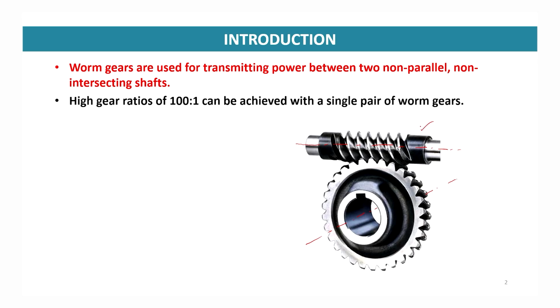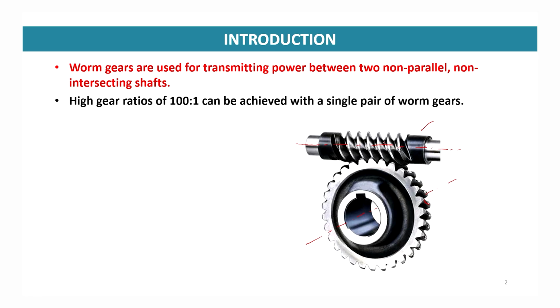And this worm is just like a screwed element. So whatever properties a screwed element has, the same will be true for this worm. The gear which is meshed with it will have a curved type of top land, so that the worm and the gear have maximum contact area.